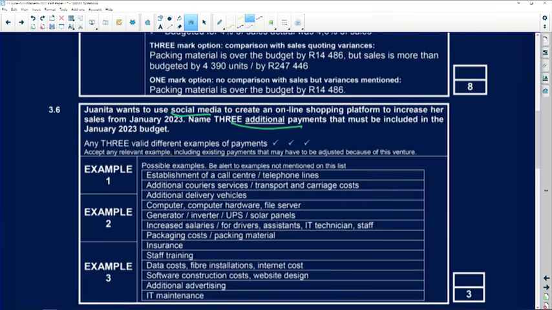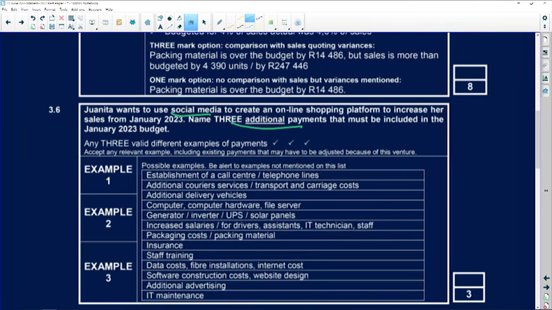Obviously with social media, the first thing that comes to mind, you've got to have internet, you've got to have fiber. What are those costs going to be like? You've got to have equipment as well. So those are some of the items you're now including in your cash budget. There's a whole host of items. Just remember, you've got to give 3 valid different examples.